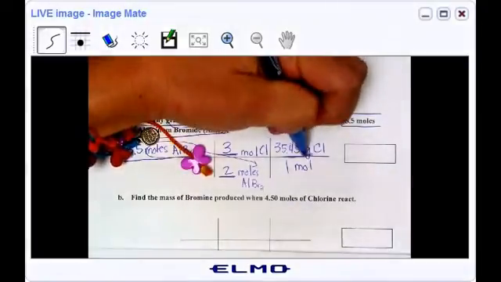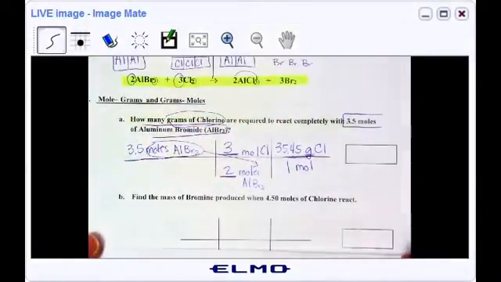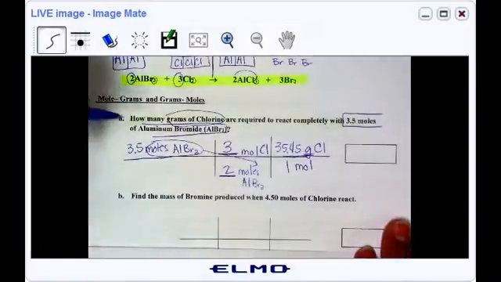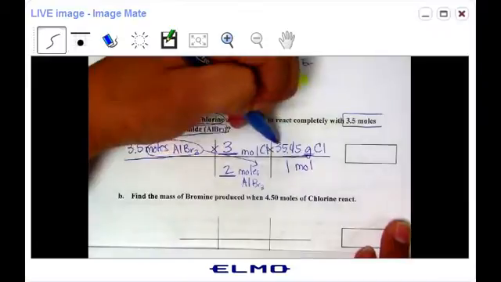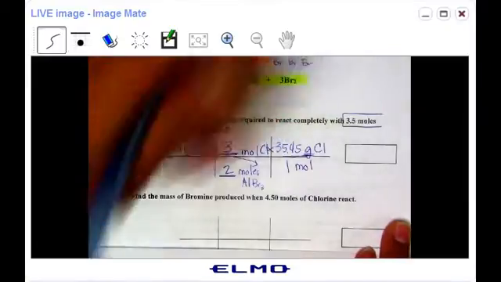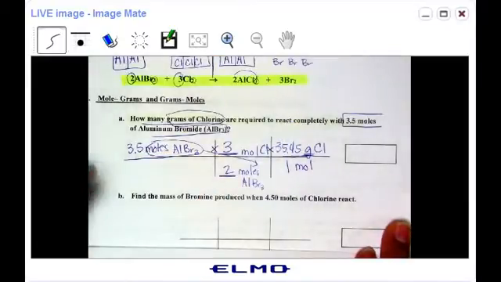Whenever it says grams, you will refer to your periodic chart, okay? So I take 3.5 times 3 times 35.45, and I divide it by 2. Do the top first: 3.5 times 3 times 35.45.